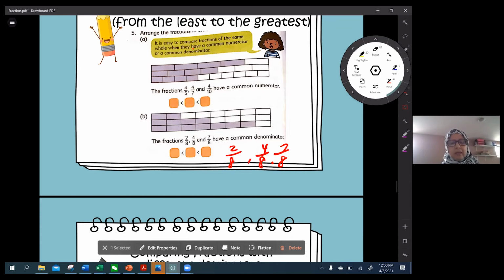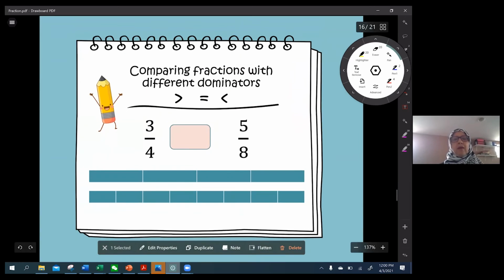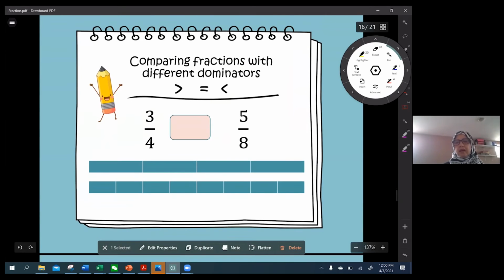Okay, fantastic. All righty. Now we are going to compare a fraction with a different denominator. Okay, what do we do now? So now we see the different denominators. Now we see the bigger one, so it's 8 here.